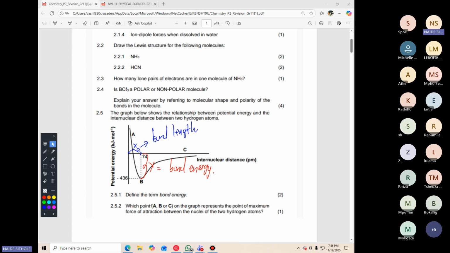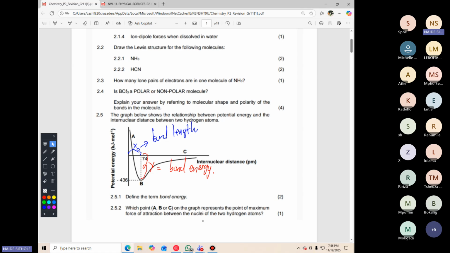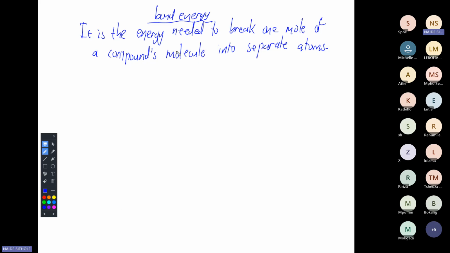Okay, then which compound A, B, or C on the graph represents the point of maximum force of attraction between the nuclei of two hydrogen atoms? The point of maximum force of attraction is always represented by the bond energy. Right. So this is that energy. This is what we need to overcome so that we can separate the molecules into separate atoms, right? So that we can break 1 mole of a compound's molecule into separate atoms.